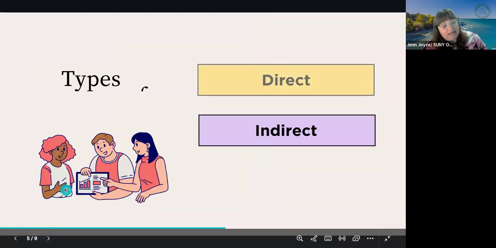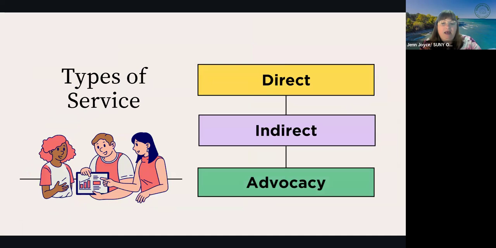Next are the types of service that we can connect to courses. Direct would obviously be students working with the community partners. Indirect would be students providing behind-the-scenes support, and that could be a needs assessment. Students can interview not-for-profit sites and find out what they need to make their organization more supported and run better.